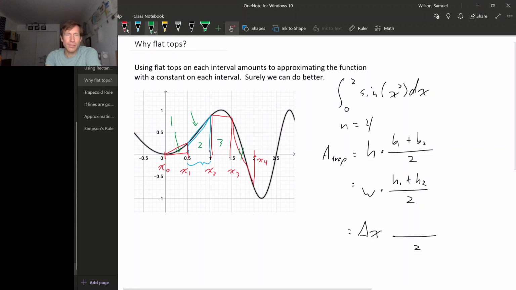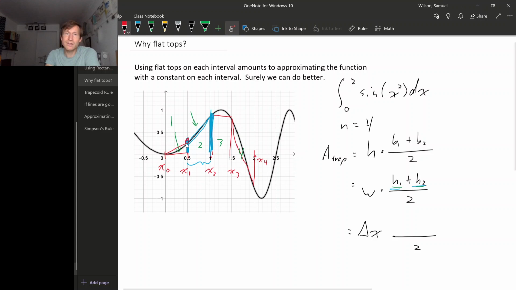So the two heights in this trapezoid are the left-hand side of the trapezoid and the right-hand side of the trapezoid. So we need to come up with some way to express these heights. Well, the height is determined by the function, right?